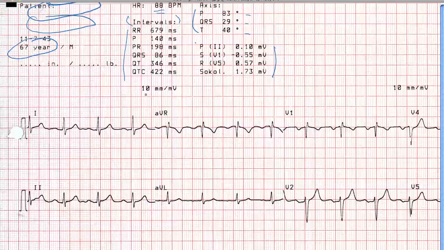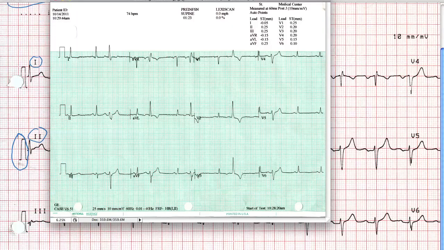Now, on the paper, you'll also see information printed in terms of the standardization, which I'll talk about in the next video. And there are also these standardization marks. And of course, each lead will have its own label, 1, 2, 3, AVR, AVL, AVF, and so forth. Okay, here's another example of an ECG that was done on a different manufacturer, but it's basically got the same information on it.